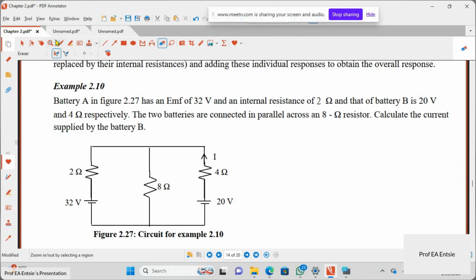So I'm going to draw the new circuit, how it will look. Then I'll have this.